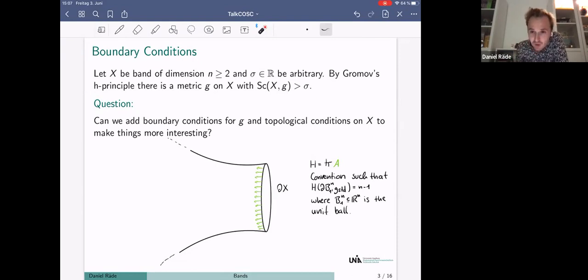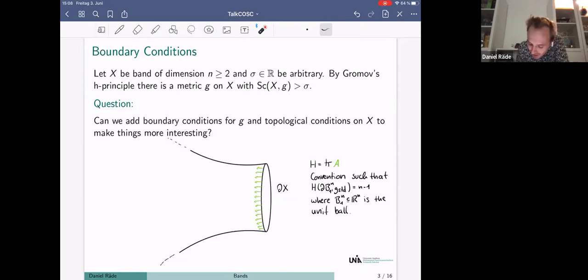Just because there are lots of conventions out there, let's say what I mean. That's just a manifold boundary. And then I look at the interior unit normal vector field. And for me, the mean curvature is the trace of that. But that is not enough to clear up all problems, because people have different conventions about the second fundamental form as well.